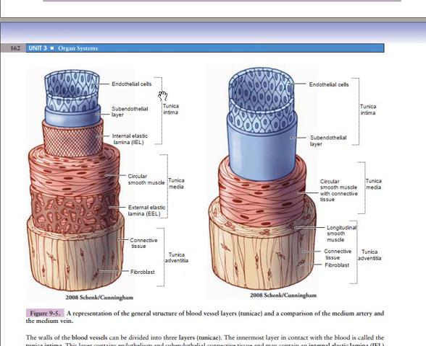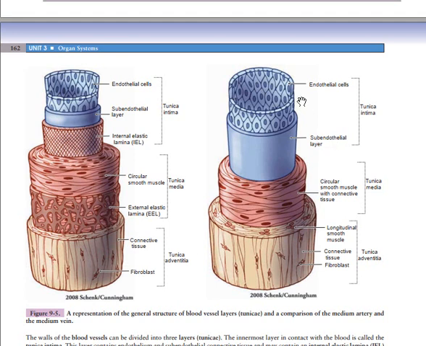In the intima, first you have the endothelial cells, then the subendothelial layer, then the internal elastic lamina, based on which arterial blood vessel you're speaking about. Then you have the circular smooth muscles, the external elastic lamina, still based on which arterial blood vessel you're speaking about. Then we have the connective tissue and the fibroblasts in the tunica adventitia.